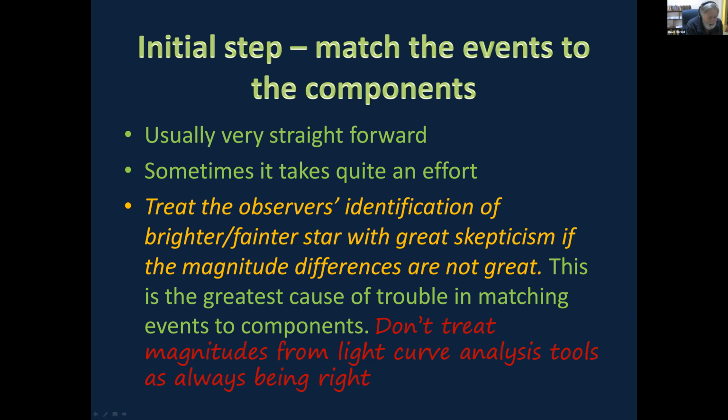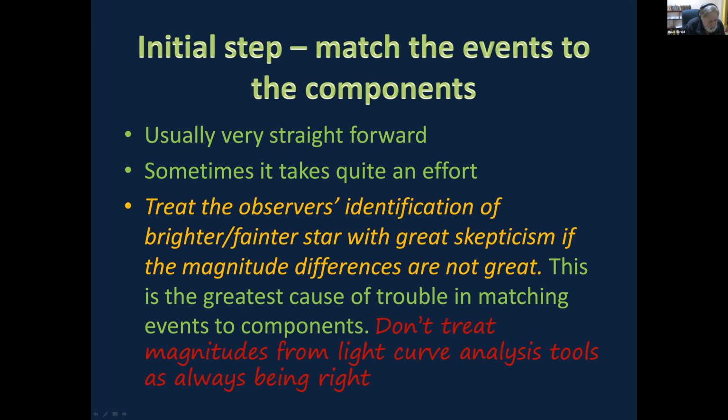It's damned obvious. But sometimes it takes quite a bit of effort. So anyone processing double star observations can be faced with some effort in identifying observations with components of the stars.